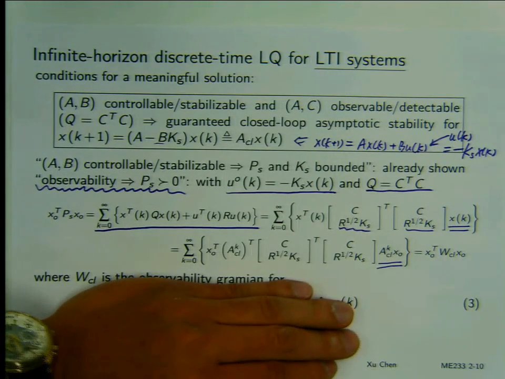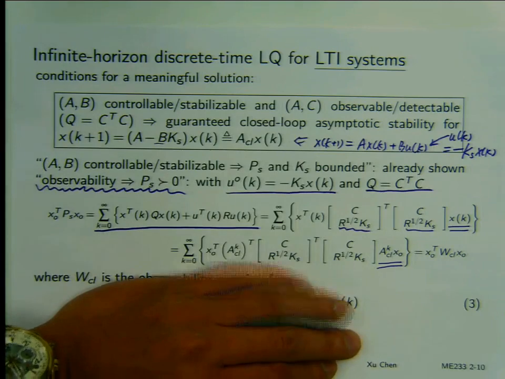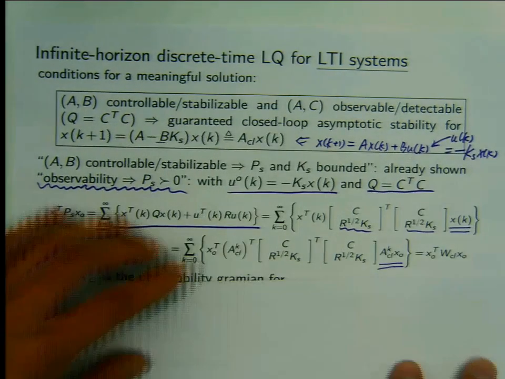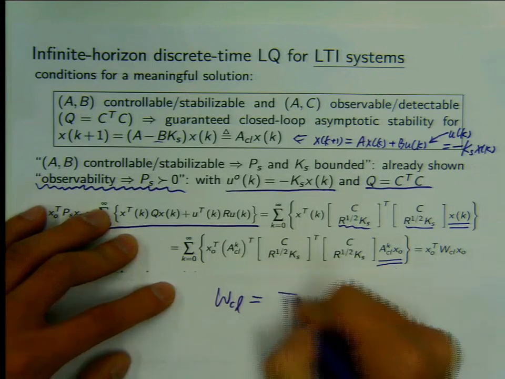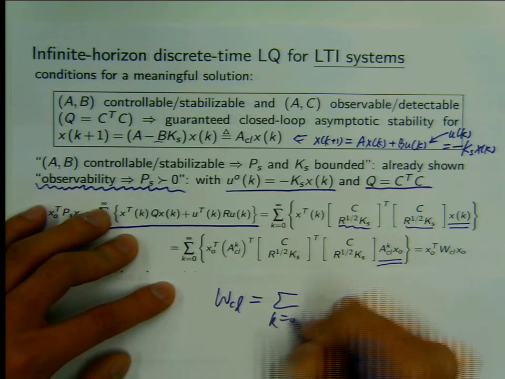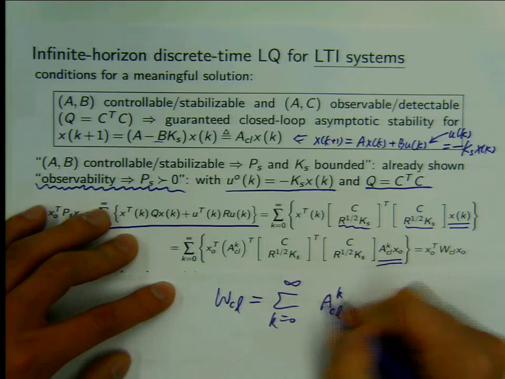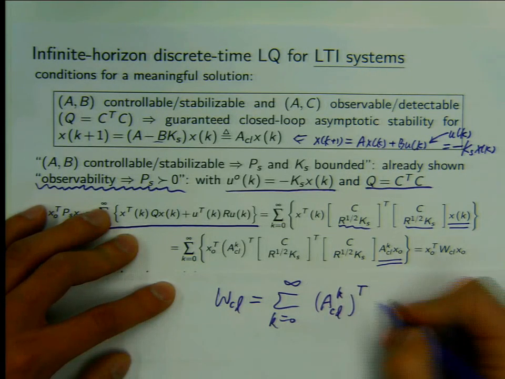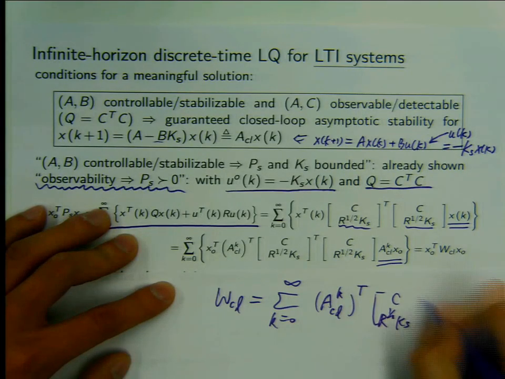So if you recall, this matrix, this W_CL matrix, which equals, from the definition here, the summation from 0 to infinity, A_CL^k transpose C R K^k.